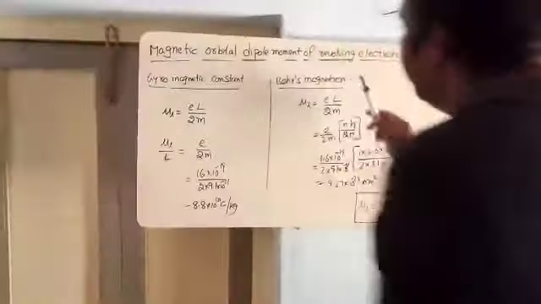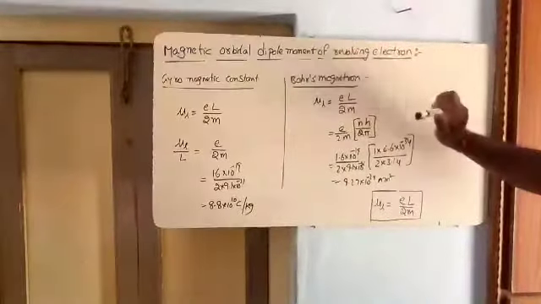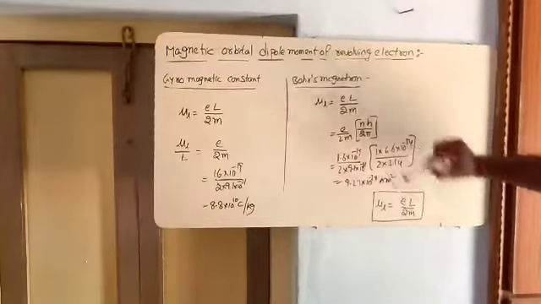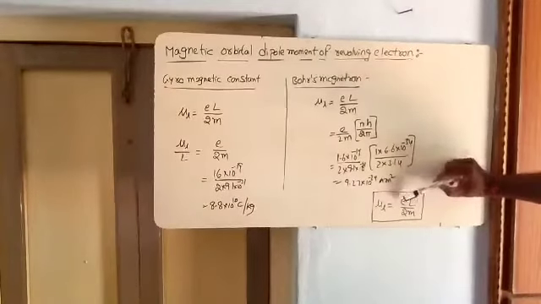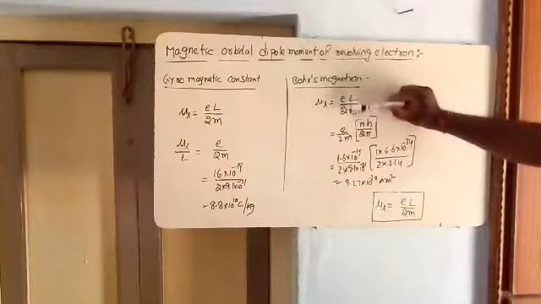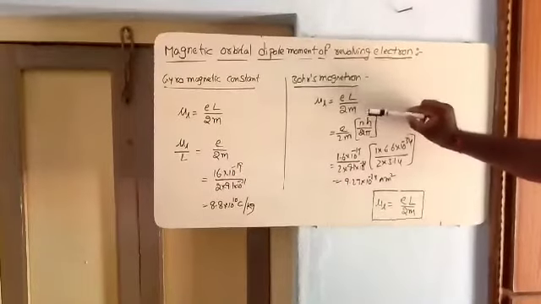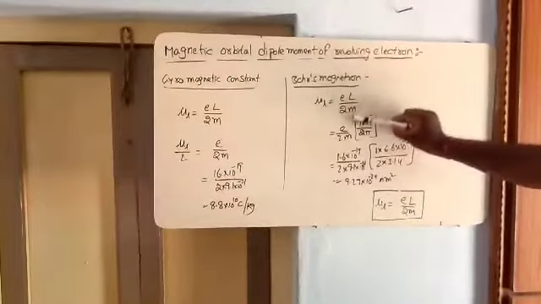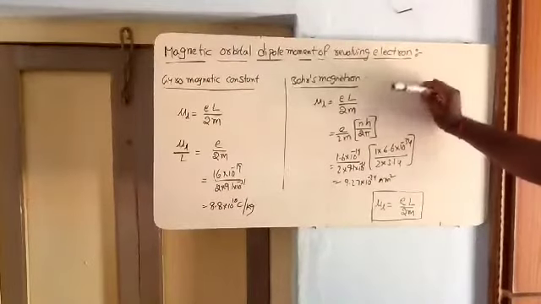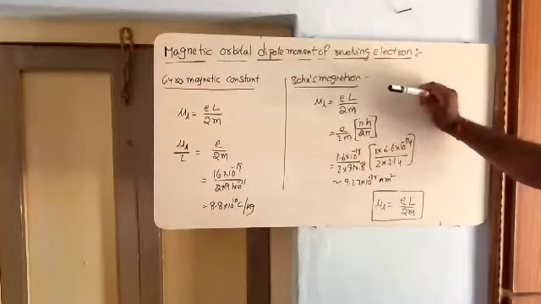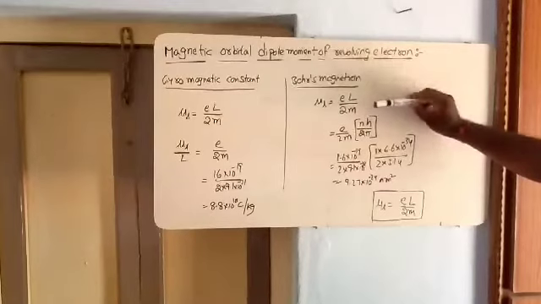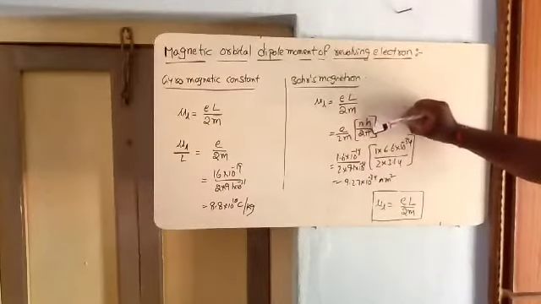And similarly, what is the meaning of this Bohr magneton? mu L is equal to, once again I am taking the same result, eL by 2m, e by 2m, and in place of L, once again I am using Bohr's postulate. The angular momentum of the electron is equal to nh by 2 pi, and that I am using, nh by 2 pi.